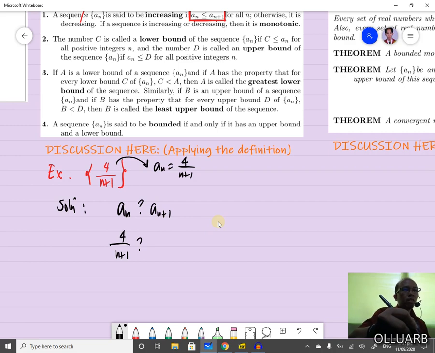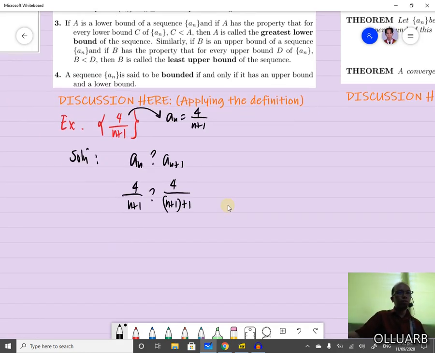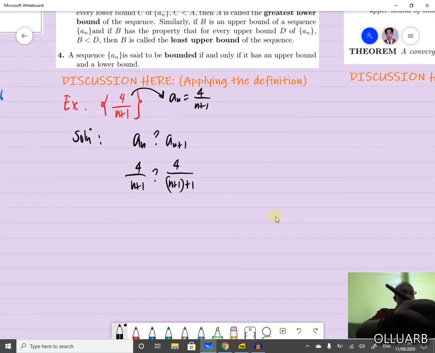Remember that if we replace n by n plus 1, we have 4 over n plus 1 plus 1, which simplifies to 4 over n plus 2.